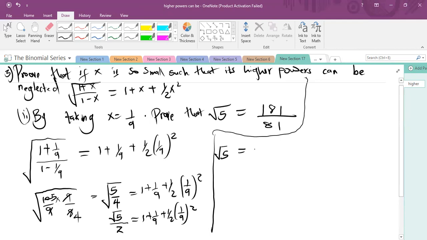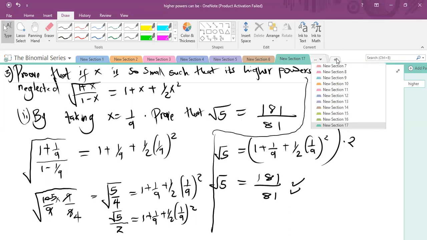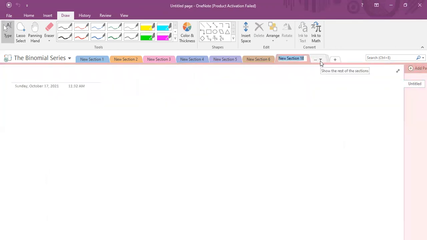Root 5 is the same as 1 plus 1 over 9 plus a half 1 over 9 squared, and then all this multiplied with 2. So root 5 will be equal to, adding all this together and simplifying, we will be able to get that this is equal to 181 over 81, hence the proof. So basically, that's how we go about proving such questions.